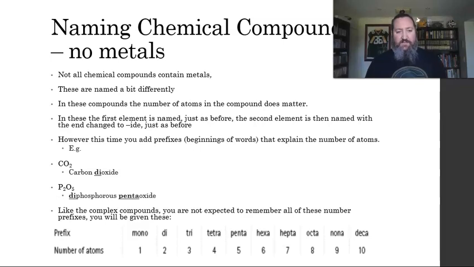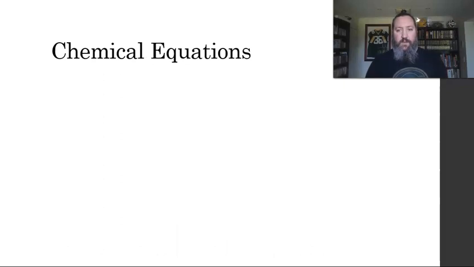If the second atom is only one, so if it was just CO, not CO2, then we would call that carbon monoxide. So numbers on every second piece, but if it's on the first piece and it's one, then you don't need to name the number. If it's more than one, then you put that number in. All right, let's put all that together.